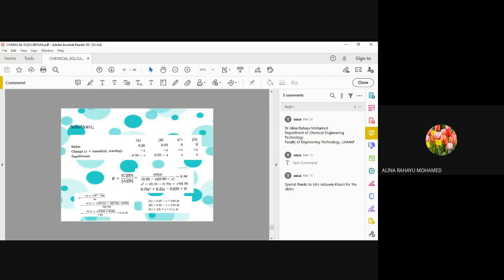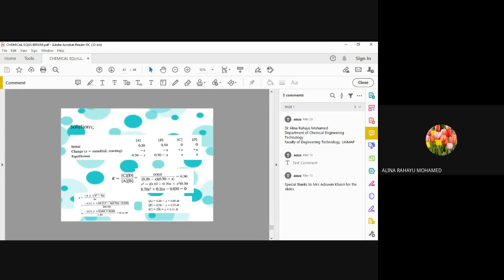Using this equation, x equals minus b plus or minus the square root of b squared minus 4ac over 2a. And if we insert the values there, we have the value for x as 0.11 M. Concentration is mole per dm cubed, or mole per liter.